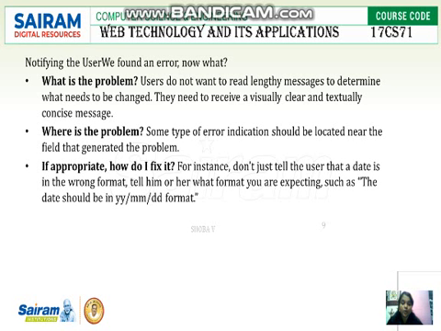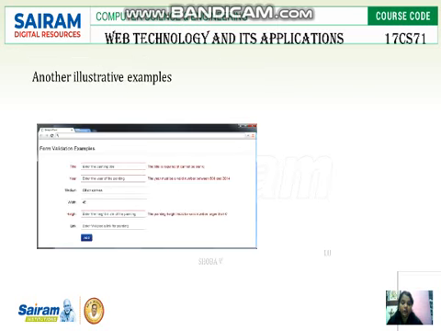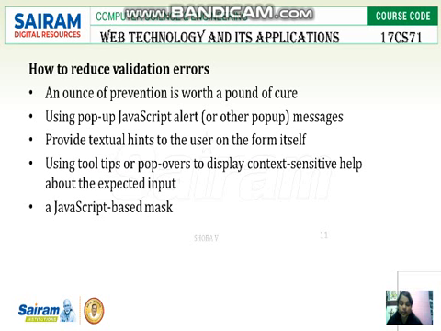And one more thing we can say: sometimes the user is already in the existing system, so this exception case is also one type of problem we can find out. The format should be in a predefined way, as in the example we already discussed in the previous slide. And how can you reduce validation errors?